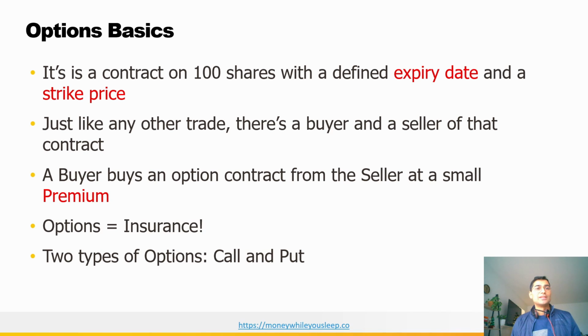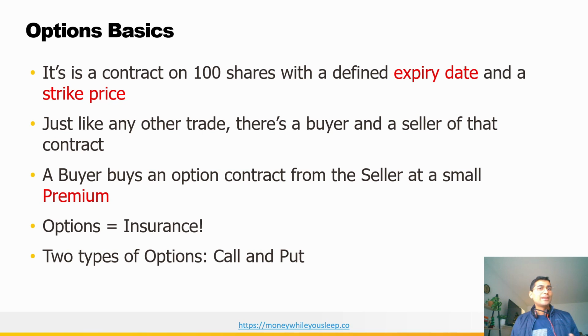So options basics. Options are nothing but a contract on 100 shares with a defined expiry date and a strike price. Whenever we are talking about options, you should always think that one contract of option will contain 100 shares, and that will always help you understand the value of that particular contract.